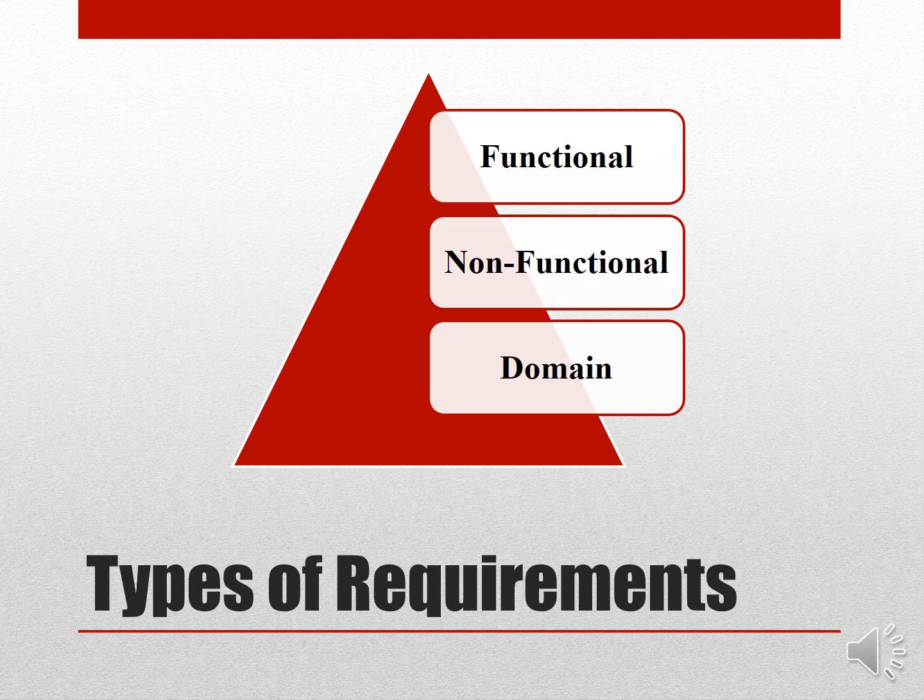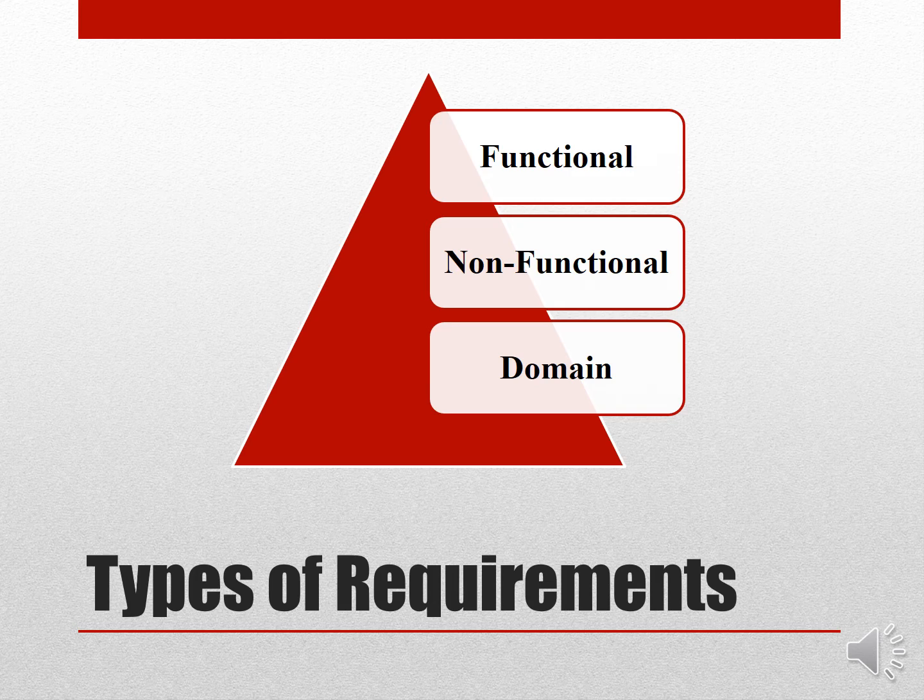The software requirements are also classified as user requirements, system requirements, and software specification requirements. The user requirements are a collection of statements in natural language plus description of the services the system provides and its operational constraints.